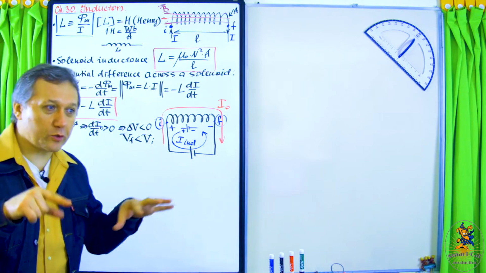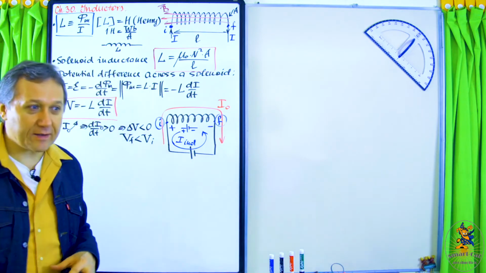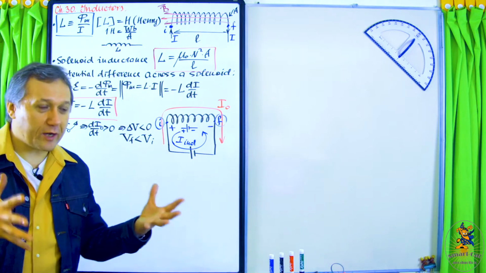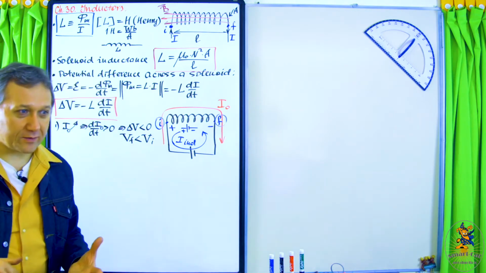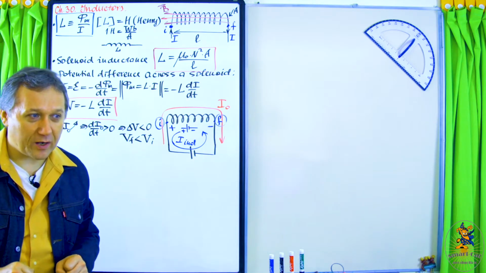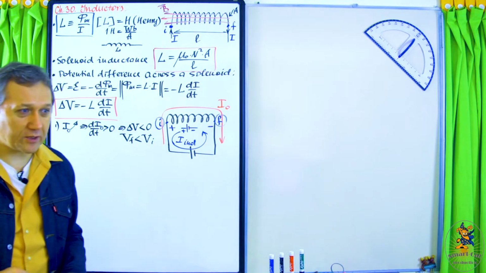Because the solenoid wants to keep current constant. It's like in Lenz's rule, where the loop tried to keep flux constant, but now it tries to keep the original current as constant as possible.